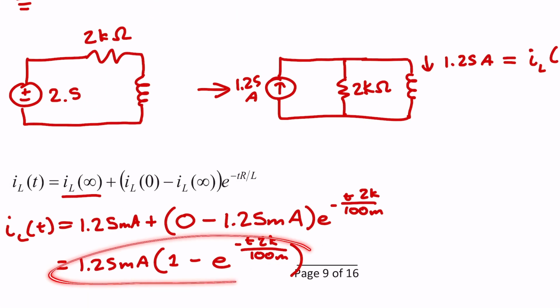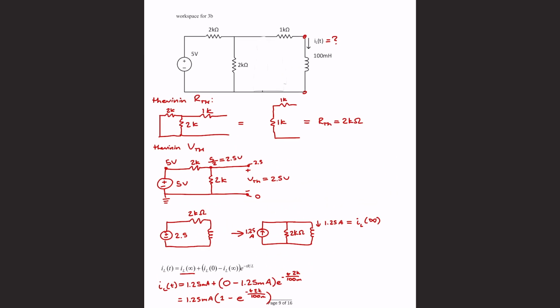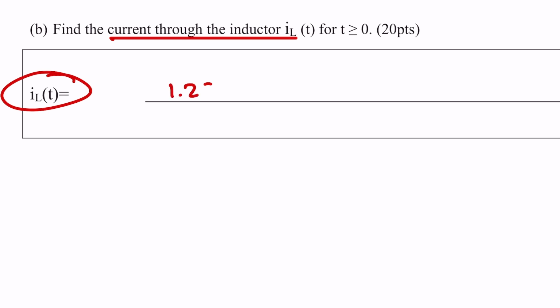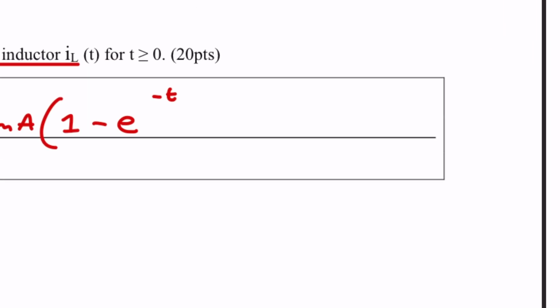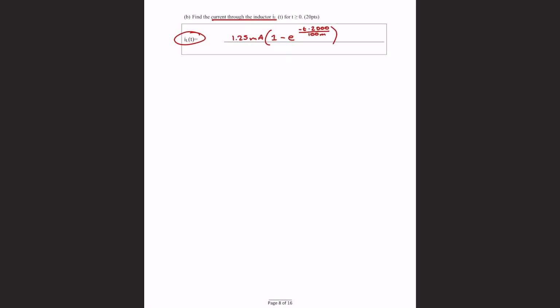Technically, this and the solution are the exact same equation. And yeah, so that's our answer. So I'm going to leave it like that and say our answer is 1.25 milliamps times 1 minus e to the negative t times 2K over 100M. And yeah, that's our solution.